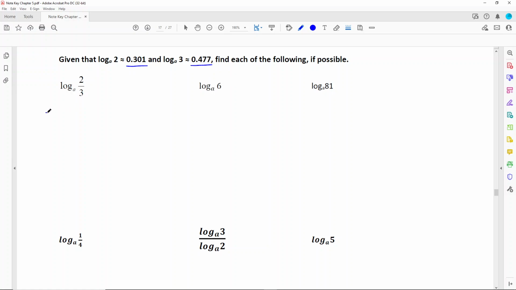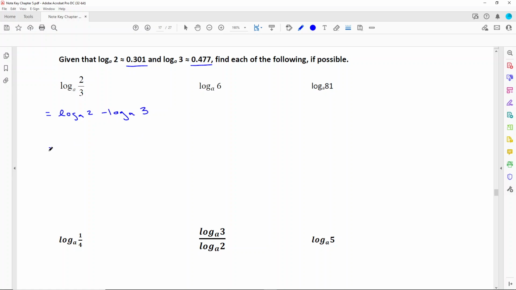So for example, in this first one, this is not log to the base a of 2 or log to the base a of 3, so I can't replace it with one of these numbers right now. But I can see that this is the log of a quotient, so I can write it as the difference of two logarithms. So this would be log to the base a of 2 minus log to the base a of 3.